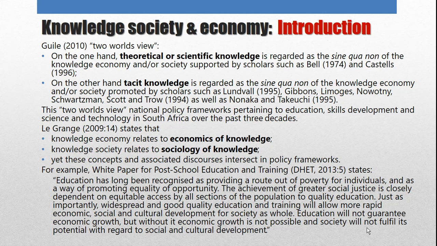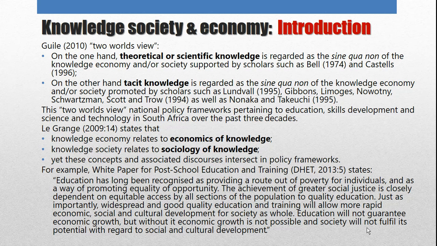But here's an example. This is a quote from the white paper on post-school education and training, where it says, education has long been recognized as providing a route out of poverty for individuals and a way of promoting equality of opportunity. The achievement of greater social justice is closely dependent on equitable access by all sections of the population to quality education.